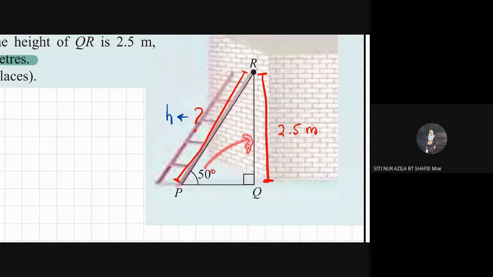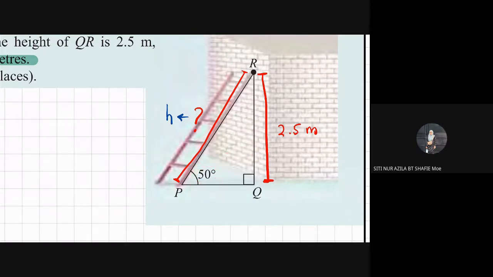Look carefully. We have a 50-degree angle, 2.5 meter. Opposite or adjacent? Yes, Jin Yin is right. 2.5 meter is the opposite side. How do you tell if you are still confused which side is adjacent and which side is the opposite?